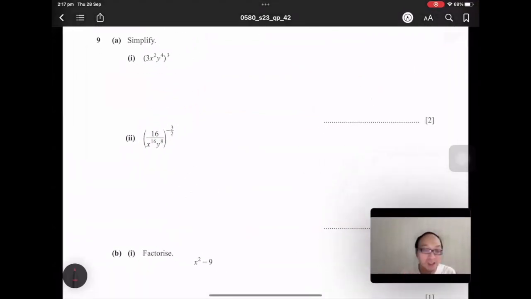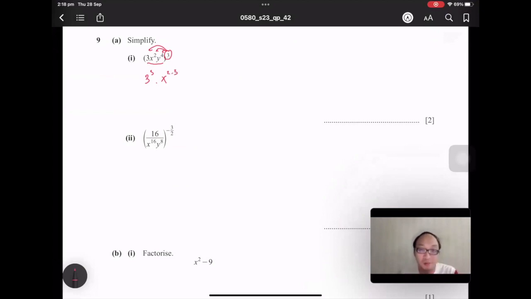Number 9, simplify. So when you have the term inside the bracket, that means this index will apply to all. So it's 3 cubed times x, 2 times 3.